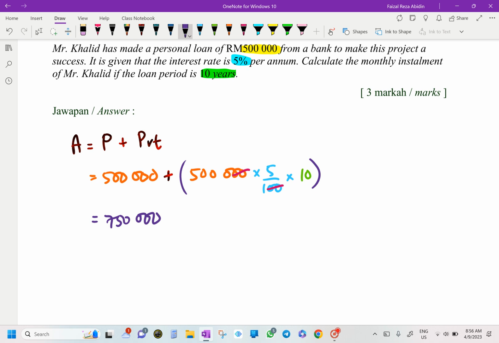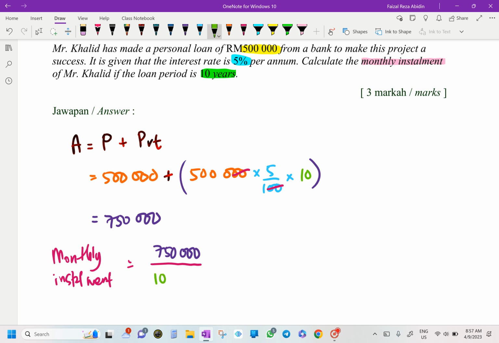Not yet. Because the question is asking for monthly installment. Yes, because we are going to find a monthly installment. We are going to pay for the total repayment is going to be 750,000. So we are going to divide how many years? 10 years.